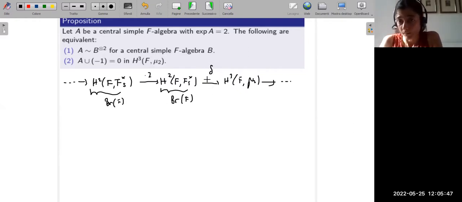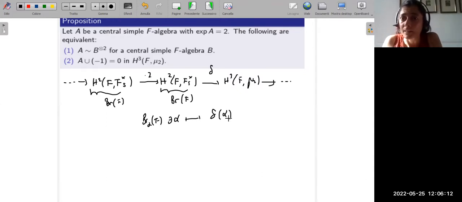So it's not surprising that the delta map has been computed for some classes. I will write what the article of Lam, Lieb, and Tignol does. They compute the image of an element when you are in the 2 torsion part; they compute that the image is given by taking the cup product. Now basically the proposition is just reading the exactness in this term here.